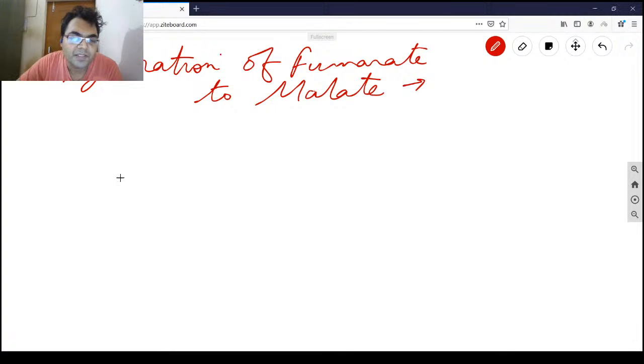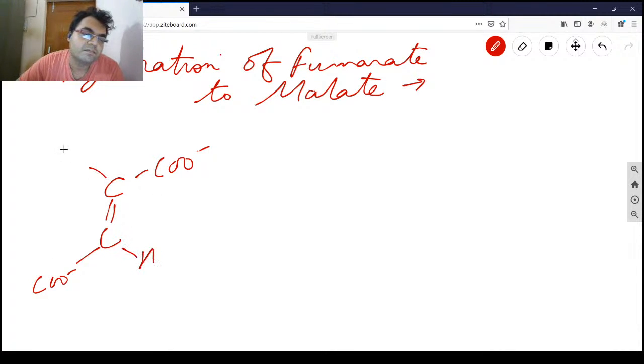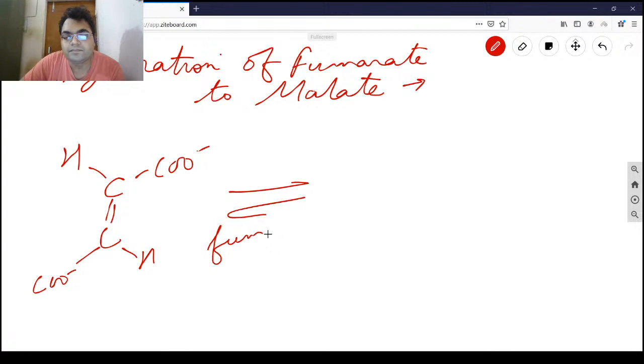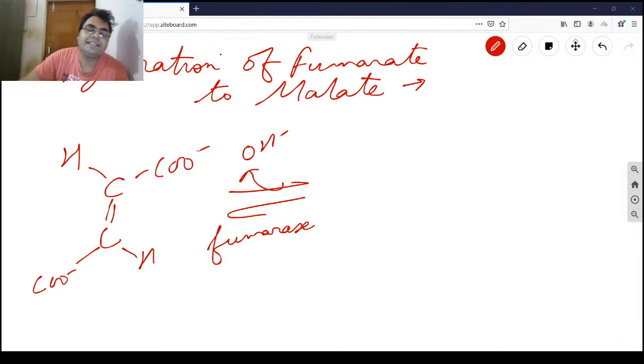So I can draw it like this if you want to look at it in a better way. And then you can add the enzyme fumarase, and OH minus is added in. You are having hydration happening. OH minus is added in.